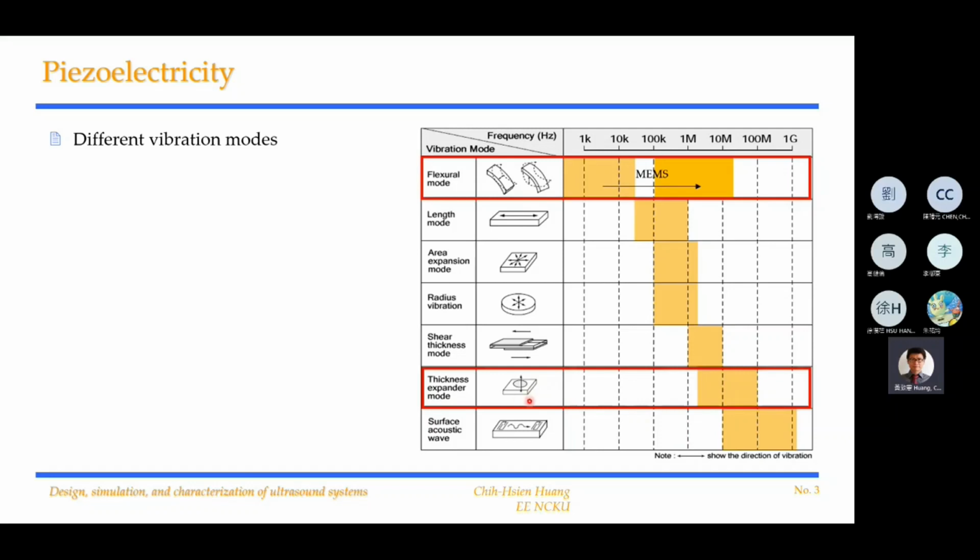Also, you see the surface of vibration is facing the medium, which means it can be used to generate ultrasound waves outside the device, and it can project the acoustic wave into the medium, like the flexural mode is doing. So those two are the most common ones for micromachined ultrasonic transducers.